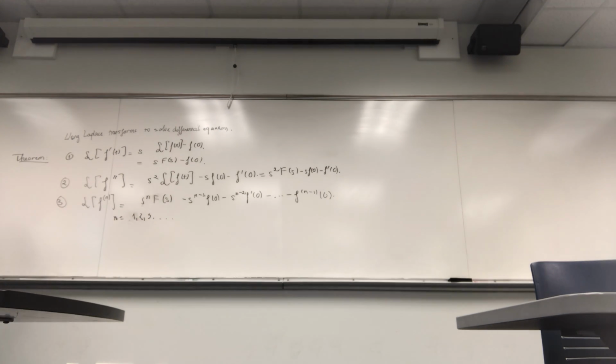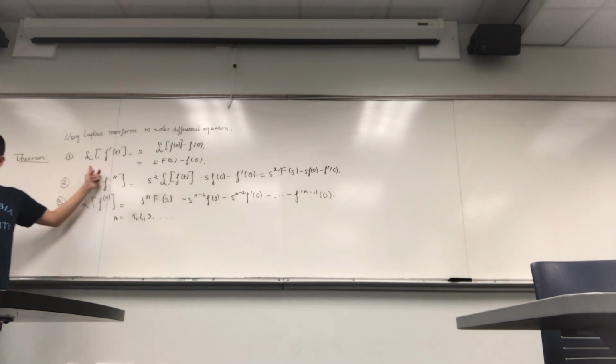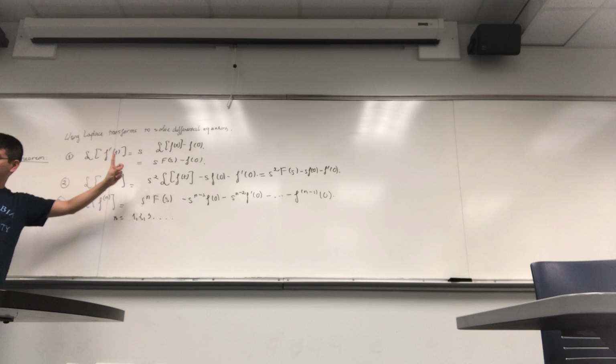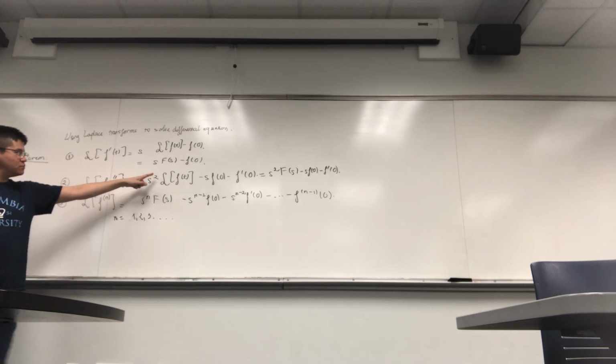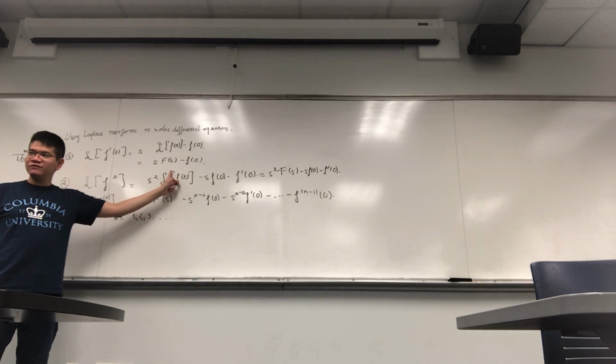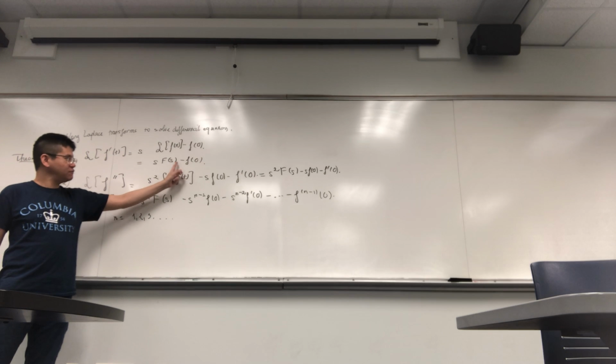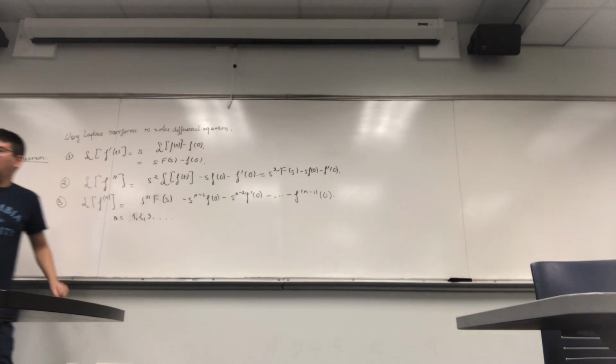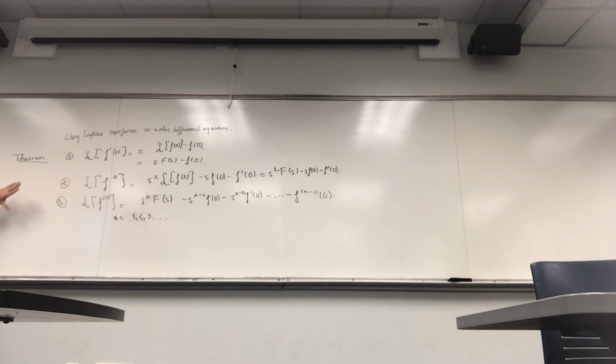Right. I explain again. So in the first lecture, we know that in order to compute a Laplace transform of the derivative of a function, what you do is you multiply the Laplace transform of that function by s and you take the difference with f(0). So this formula has a more general form, which is the following.